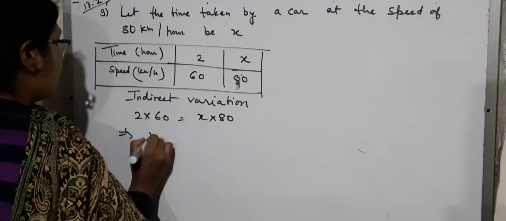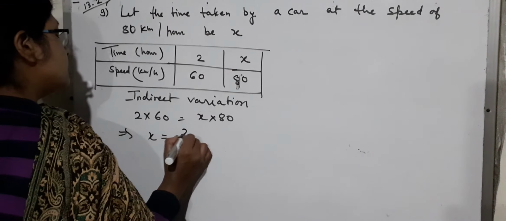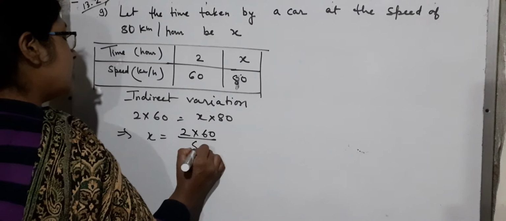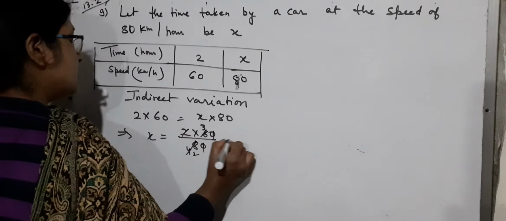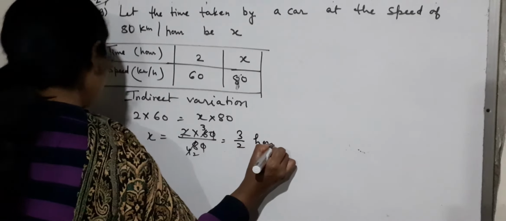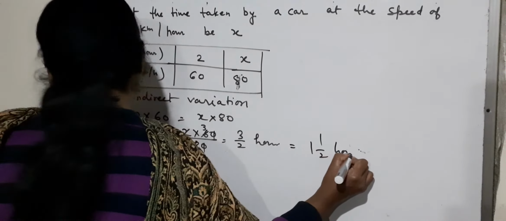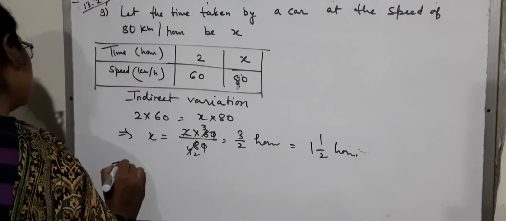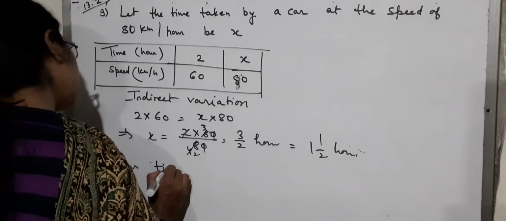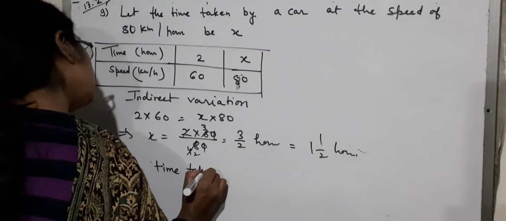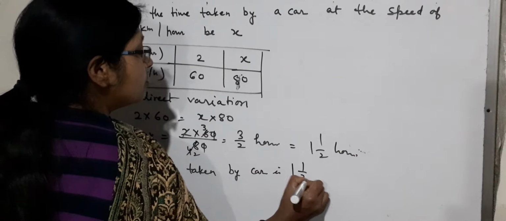This implies x is equal to 2 into 60 upon 80, which is 3/2 hour, equal to 1/2 hour. Thus, time taken by car is 1/2 hour.